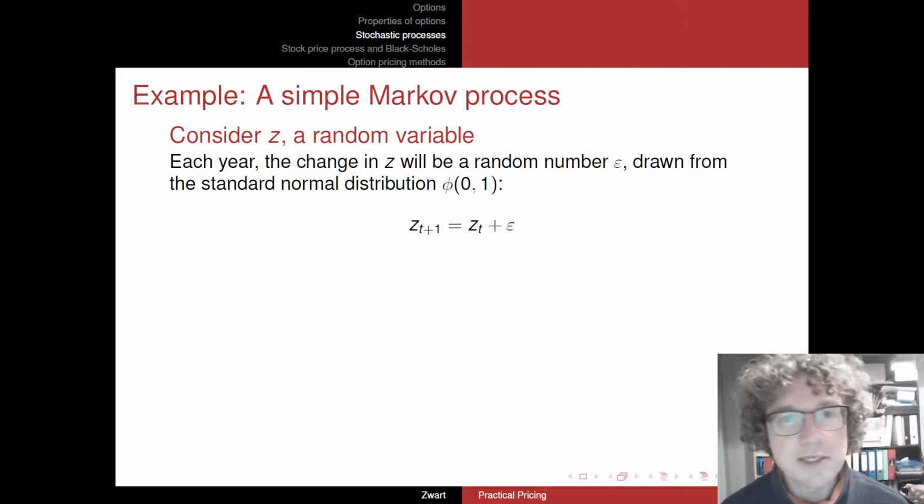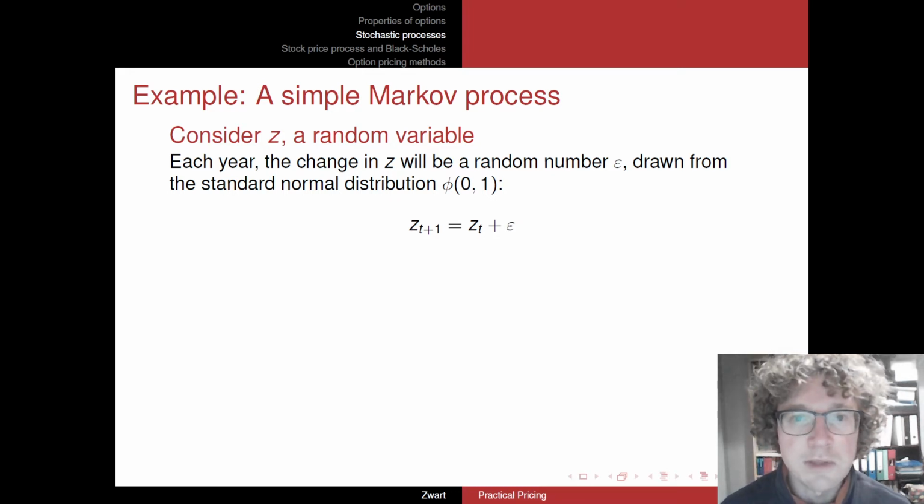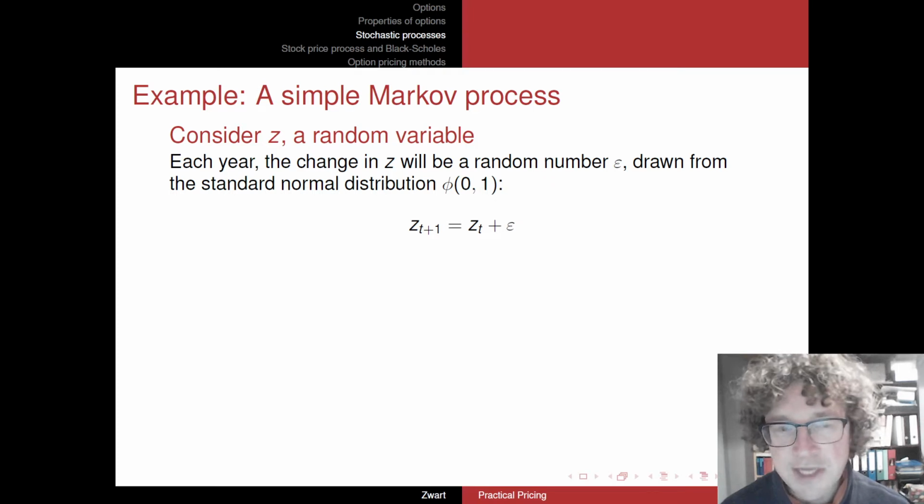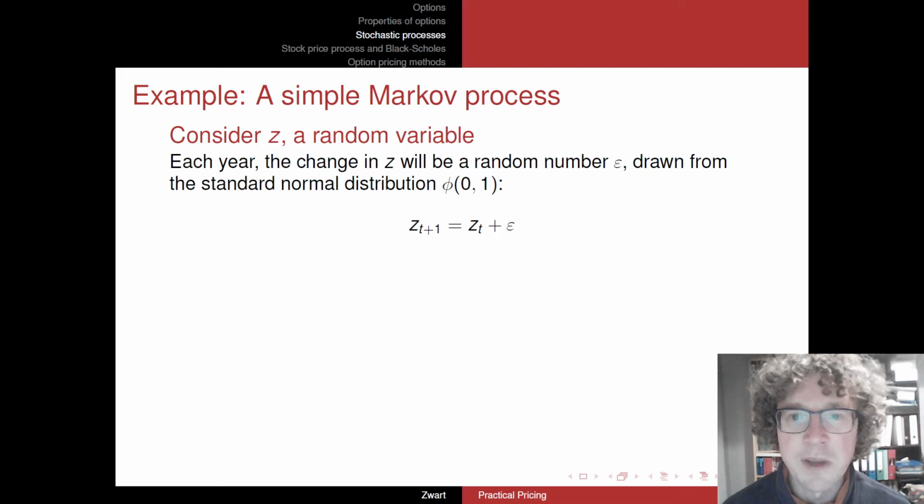So let's have a look at the simple Markov process. Let's consider some random variable, let's call it z. Let's suppose that z is going to move through time, and that each year the change in this variable z will be some random number, epsilon, and this epsilon is going to be drawn from the standard normal distribution.